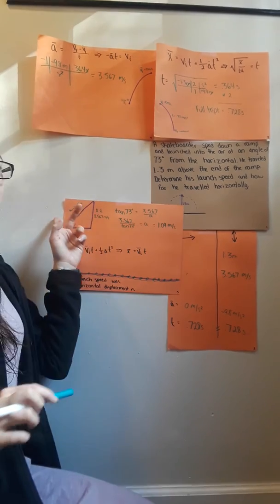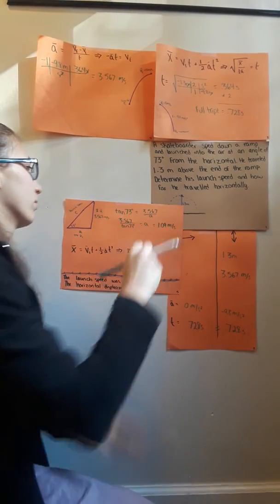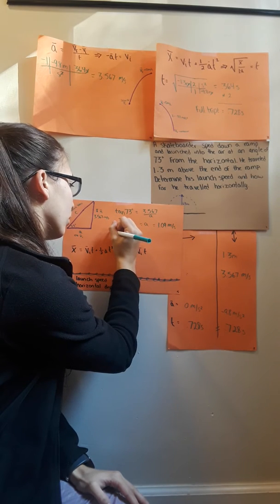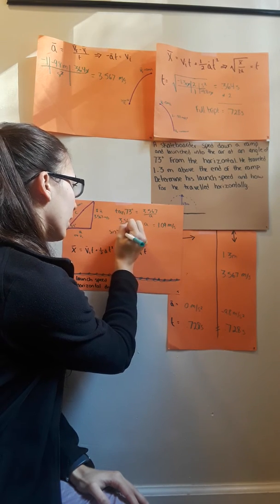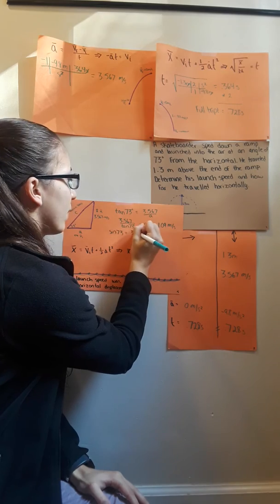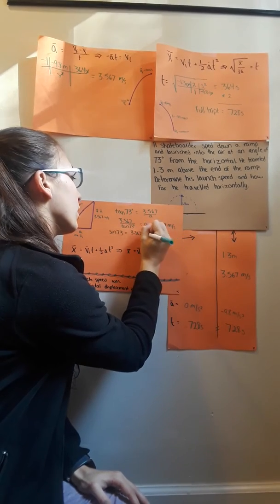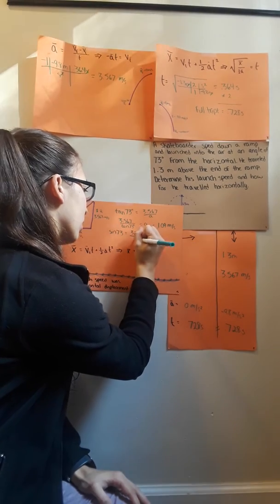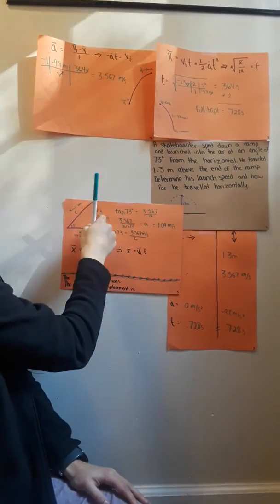Now let's find our launch speed, because that was part of our question. So we can do sine of 73 equals 3.567 meters per second divided by, I just called it C, because A squared plus B squared equals C squared.